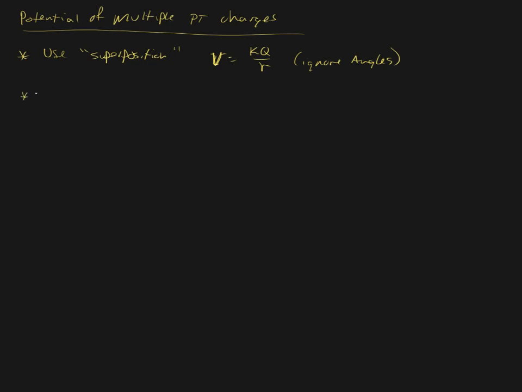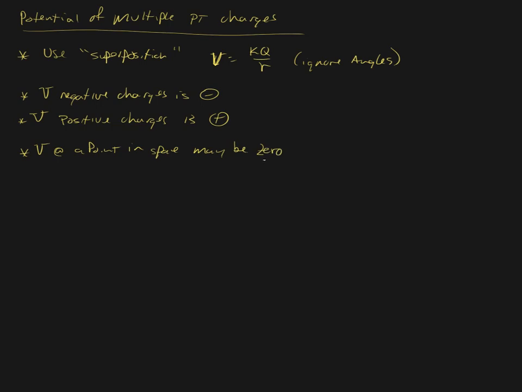Okay, so when we do this, keep in mind that the potential of negative charges is negative. The potential of positive charges is positive. It's also helpful to keep in mind that the potential at a point in space may be zero.